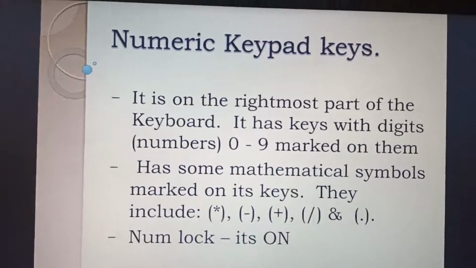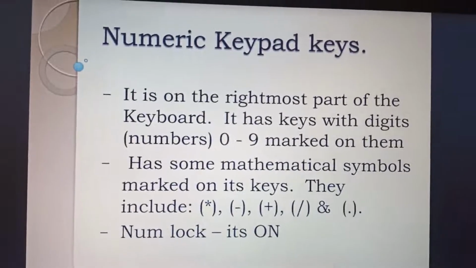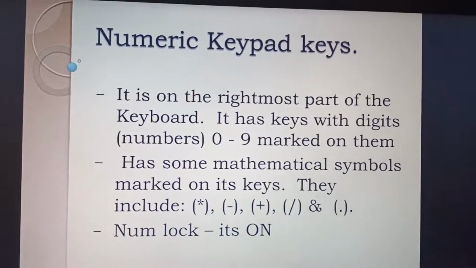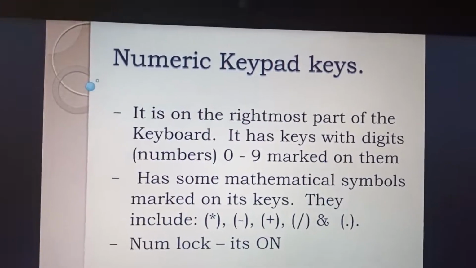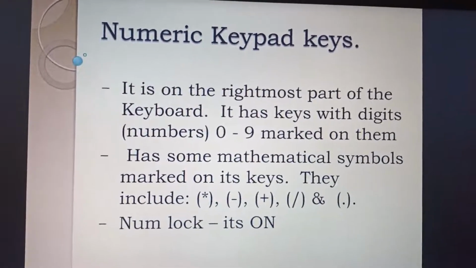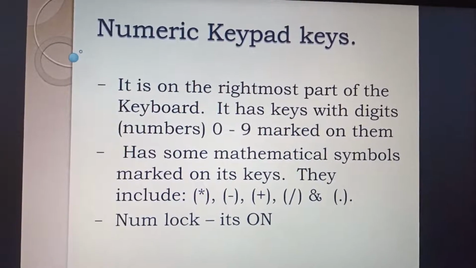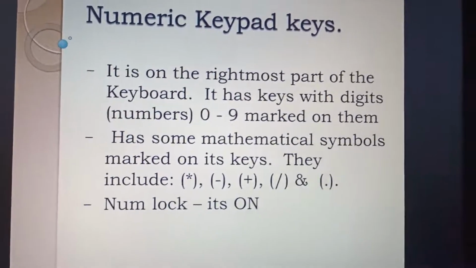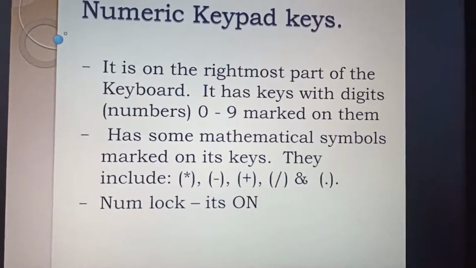Then we have the numeric keypad keys. We also call them calculator keys. They are located at the rightmost part of the keyboard, and they have some digits marked on top of them.